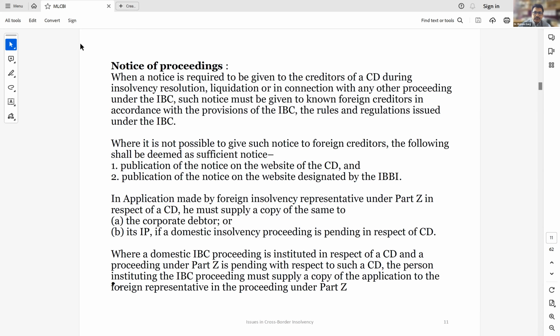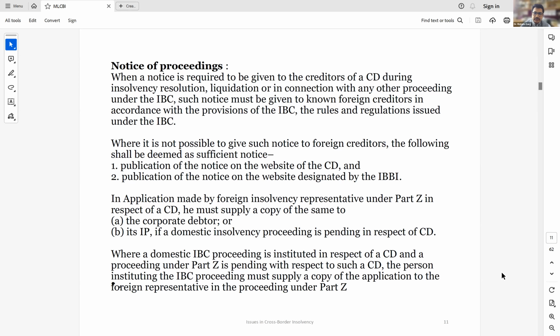So, the notice of proceedings. When a notice is required to be given to the creditors of a CD during insolvency resolution, liquidation, or in connection with any other proceeding under the IBC, such notice must be given to known foreign creditors in accordance with the provisions of the IBC and the rules and regulations issued under the code.